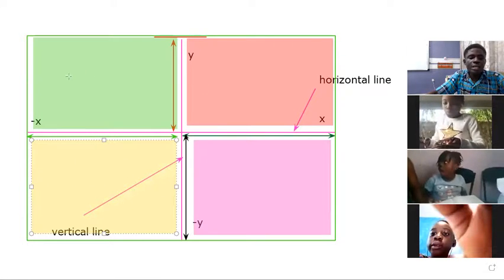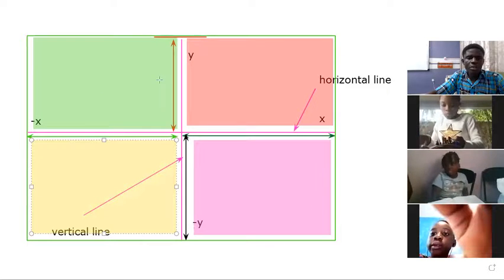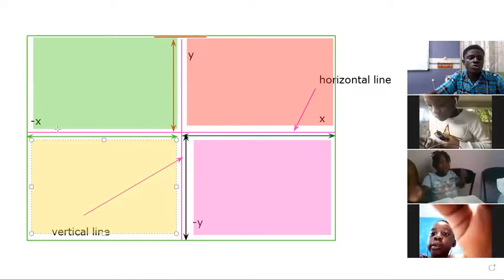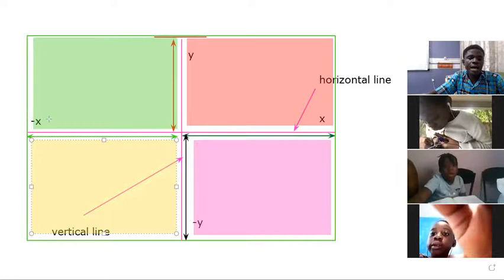Now, the green box, you can see that the X line, the line that moves from the center to the left, is negative.